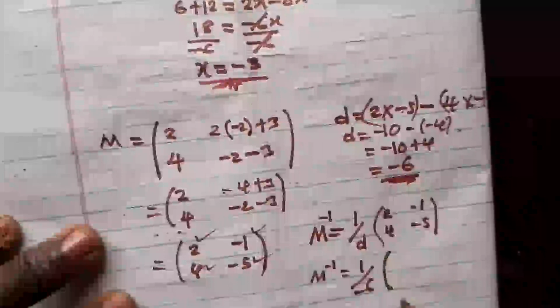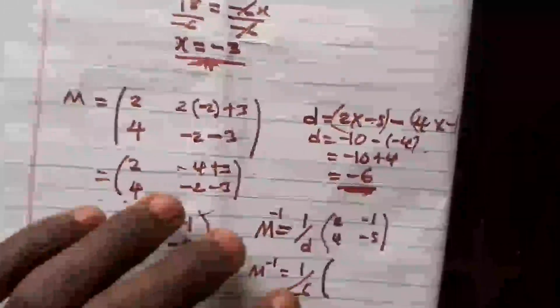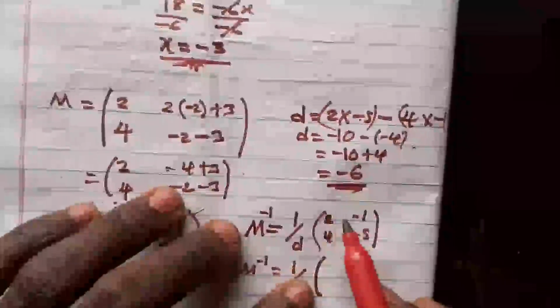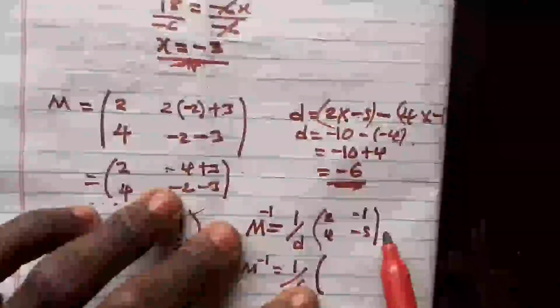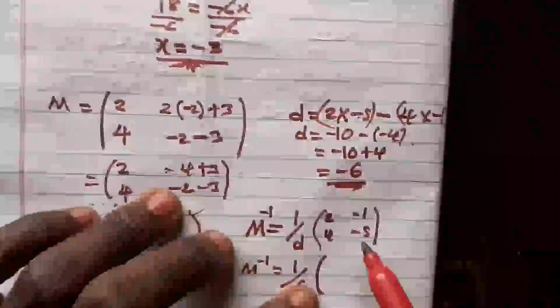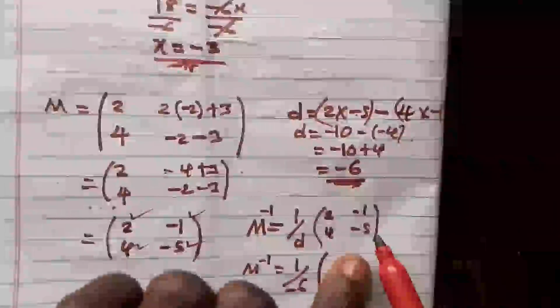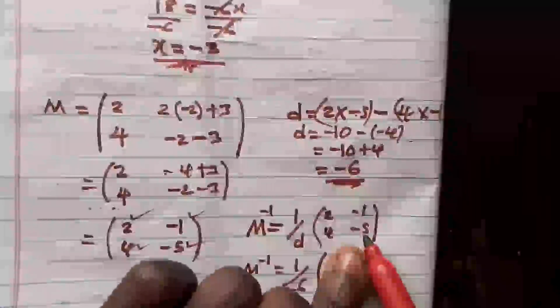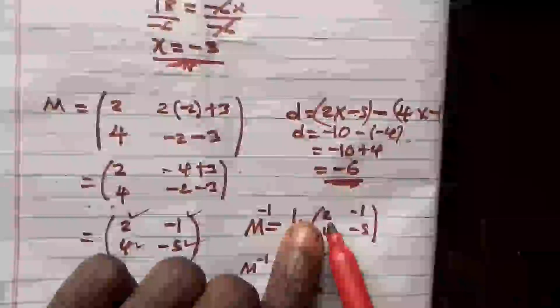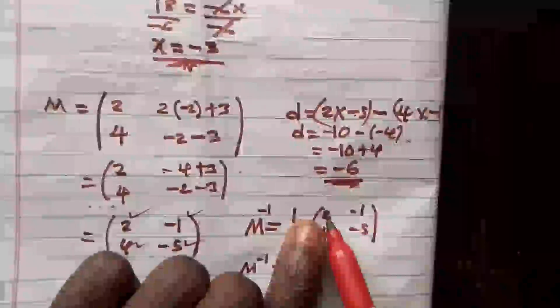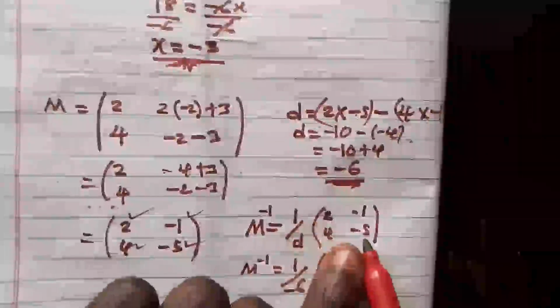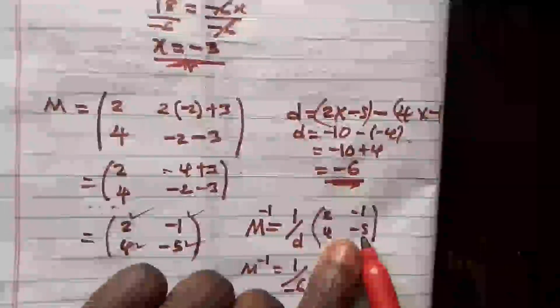Then open bracket. Now, what is going to happen here to the major diagonal is that they are going to interchange. To interchange, what I mean here is like this. This negative 5 is going to take the place of positive 2. Then positive 2 is going to take the place of negative 5.